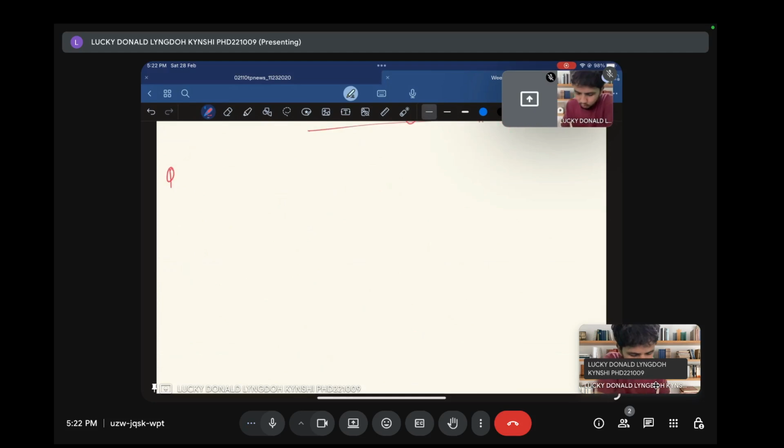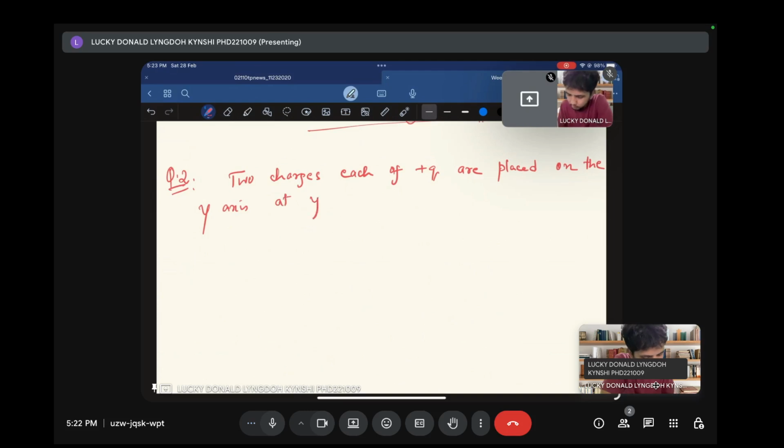Question number 2. What does question number 2 say? Question number 2 says that two charges, each of plus Q, are placed on the y-axis at y equal to plus minus A. The potential at any point.